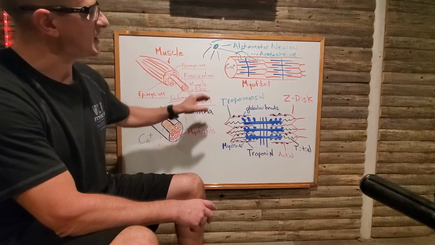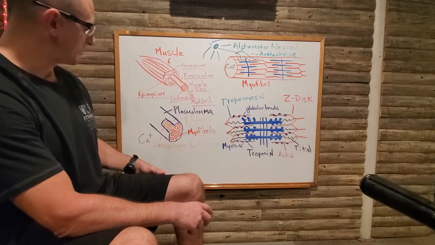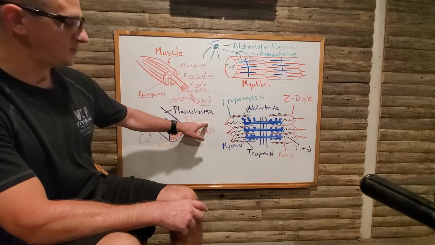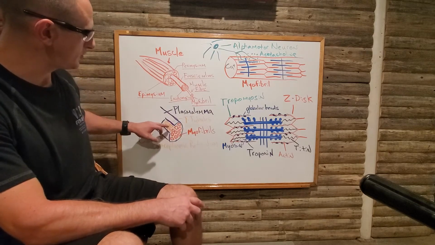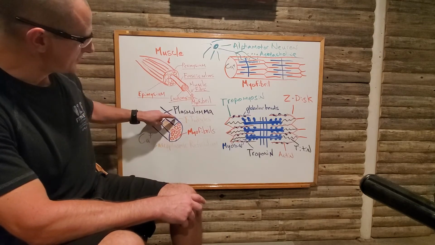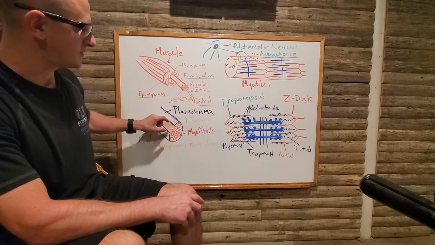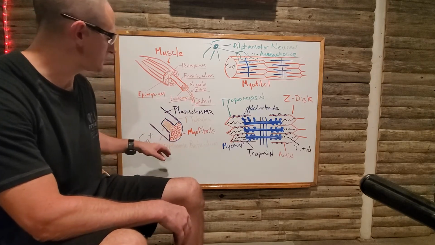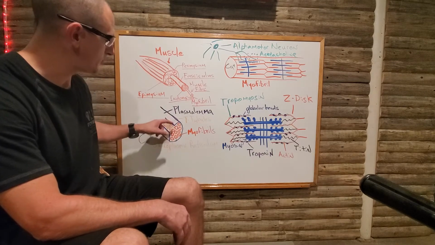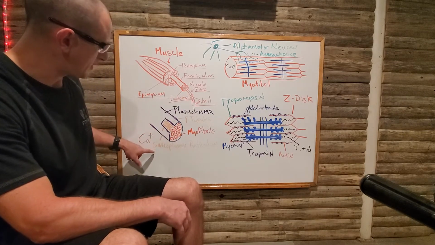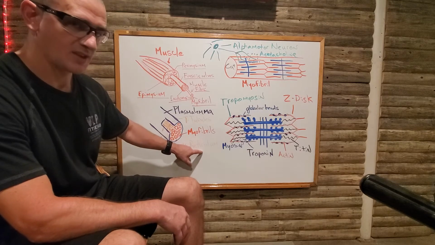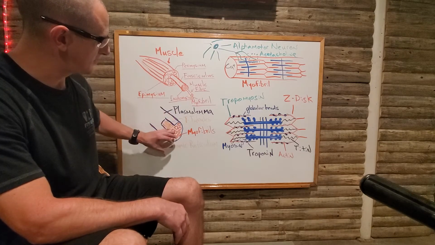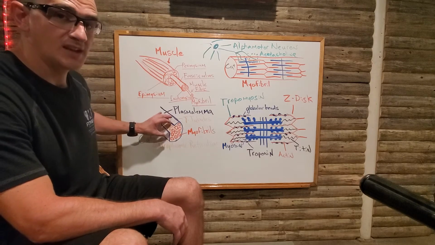And when that gets released, we release calcium inside these things called T-tubules. And T-tubules are here, and they're basically a T shape. That's why they call them that. They're also known as transverse tubules. So these transverse tubules carry that calcium into what we call the sarcoplasmic reticulum. That sarcoplasmic reticulum then bathes the myofibrils in calcium.